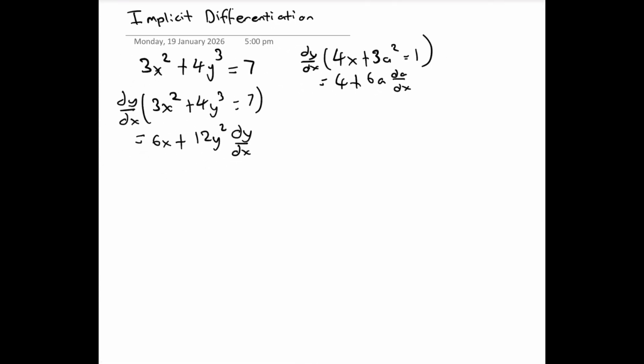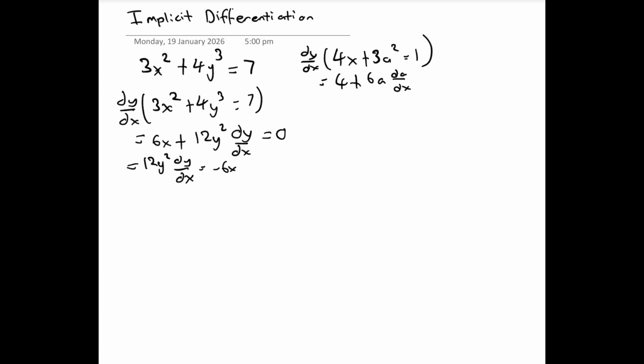Okay, so I'll finish off this main one. 6x plus 12y squared dy/dx will equal 0, because the derivative of a constant is always 0. Now all I have to do is isolate dy/dx. I take 6x from both sides, so I get 12y squared dy/dx equals negative 6x, and now I simply divide by 12y squared.